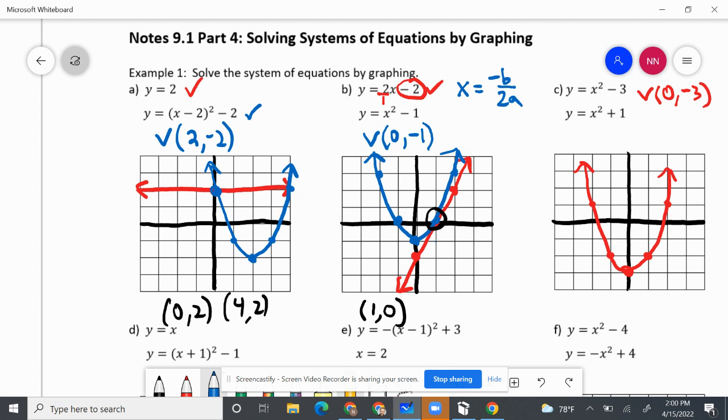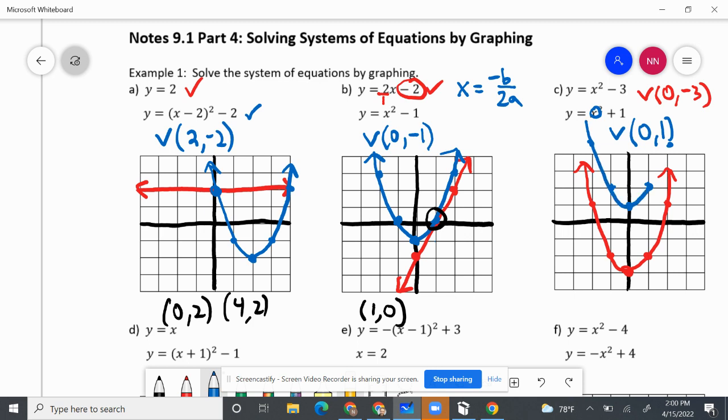And then for my second one, my vertex is going to be 0, 1. Once again, whenever there's no b value, the x is 0. If I plug a 0 in here, 0 squared is 0 plus 1 is 1. So 0, 1. And 1 away is 1, and 2 away is 4, because 2 squared is 4.